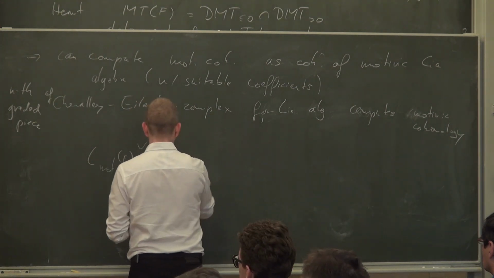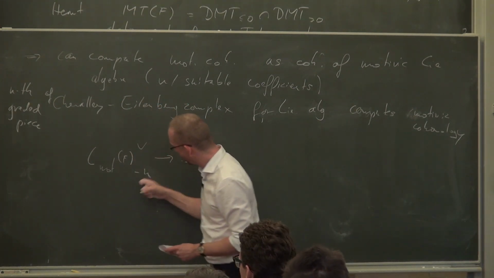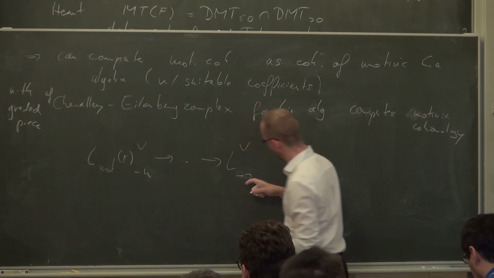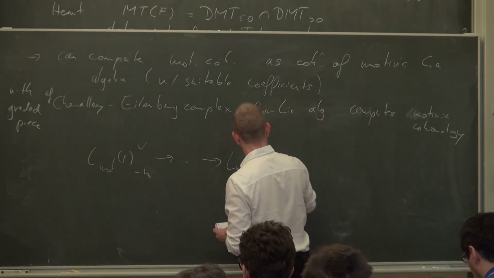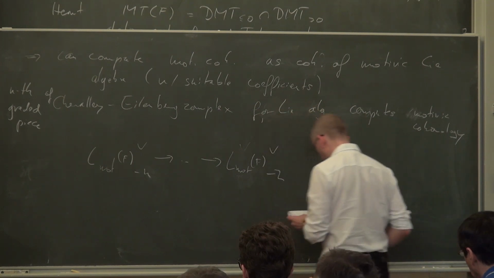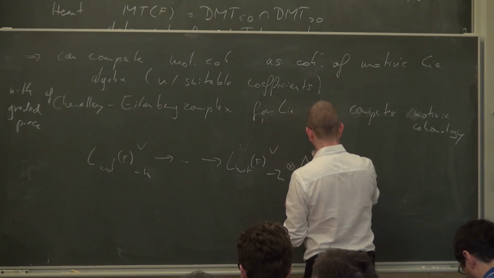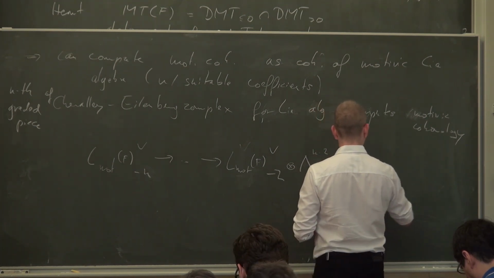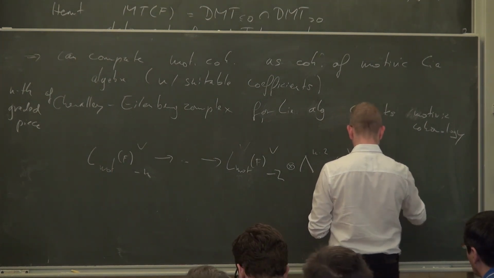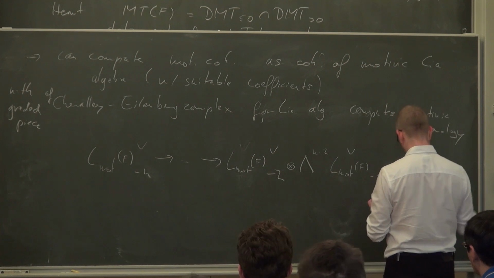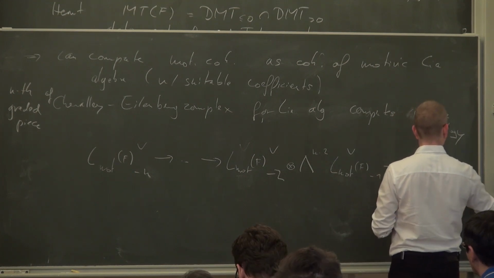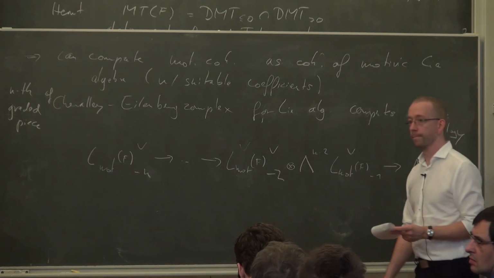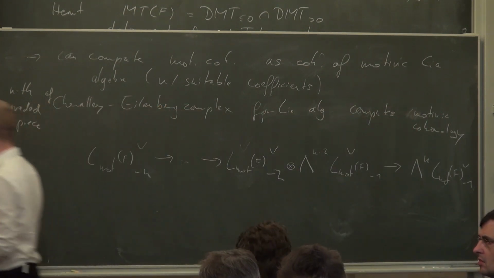So we have the dual of the degree minus n part. And then here we have the dual of L mod F in degree minus 2, and the dual of that tensor with the exterior power n minus 2 of L mod F in degree minus 1, dual, and then the last map goes to lambda n of L mod F dual in degree minus 1. Yes? Is it dual in which sense? Here we're just talking about Q vector spaces.